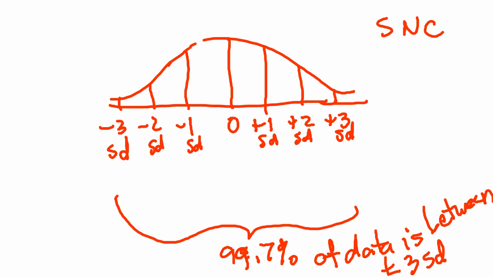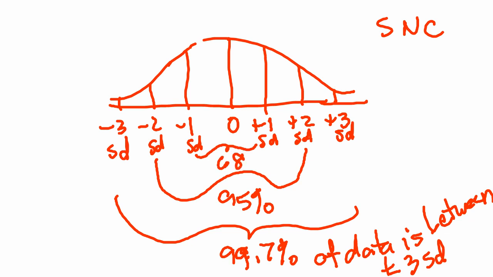Between -2 and +2 is 95% of the data, and between -1 and 1 is 68% of the data. So when I do the +1, +2, +3, I'm using z-scores, and that's called the empirical rule.